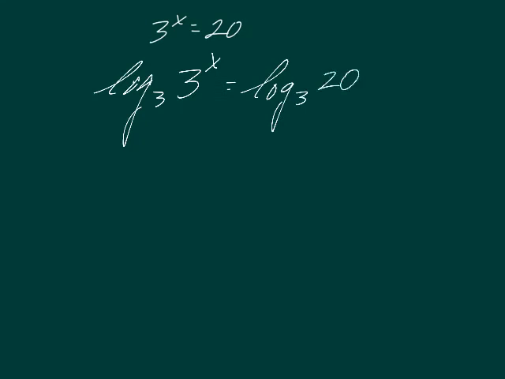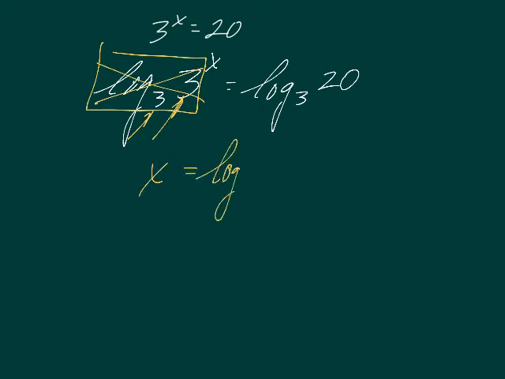Remember, a couple lessons ago, we found out that when this base and this are the same number, those actually equal 1 and can disappear. And that leaves us with x equals log 3 of 20.